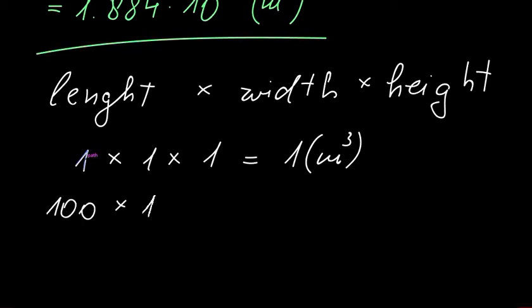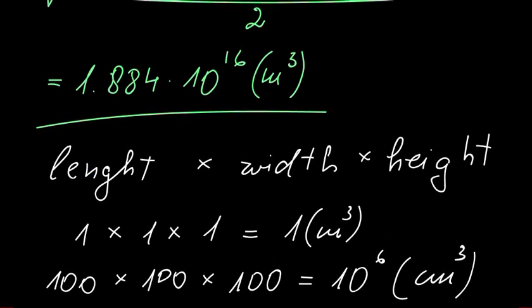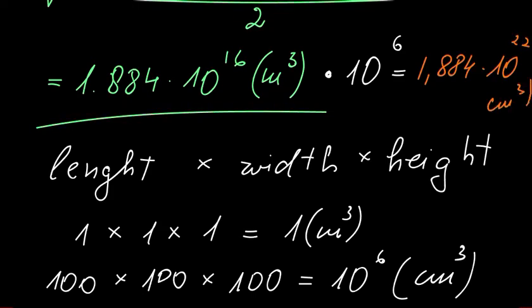So 100 times 100 times 100 is 10 to the power of 6, and this gives us cubic centimeters. So in order to get cubic centimeters from cubic meters, we need to multiply it by 10 to the power of 6. And we would get that our final answer is 1.884 times 10 to the power of 22 cubic centimeters.